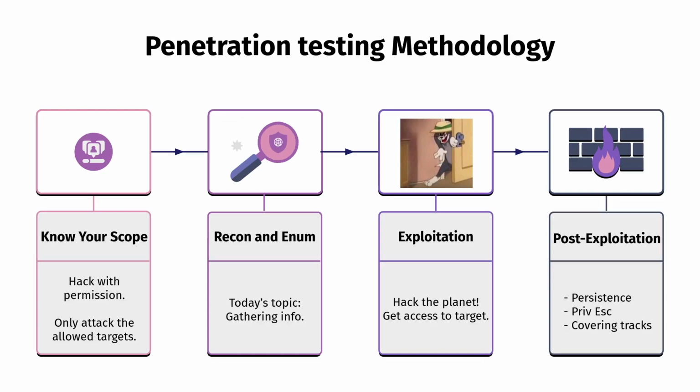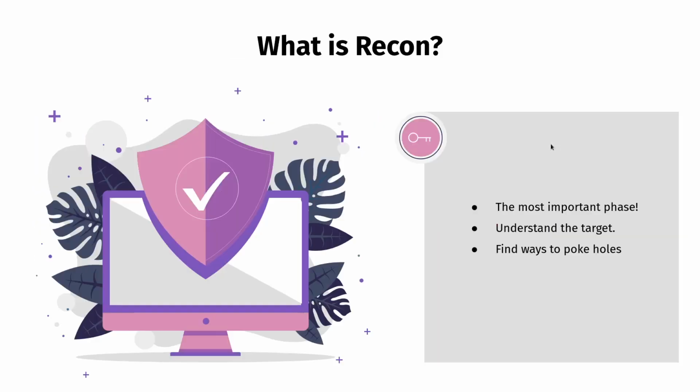So it's whether it's elevating to administrator, or moving around laterally through a network, or covering your tracks, gaining persistence, installing backdoors. That's post-exploitation, but that's not today's topic. We're not going to worry about that. Today we're just talking about reconnaissance and enumeration.